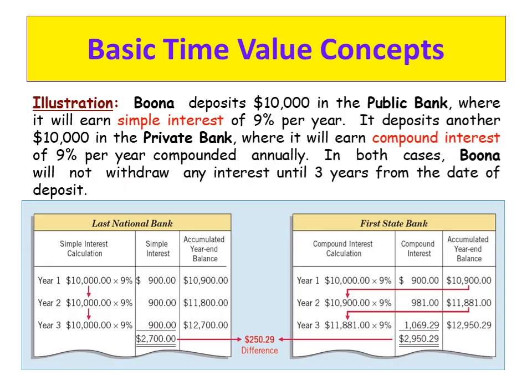But the difference occurs in the second year, because we add 900 to 10,000. The year-end balance is 10,900. For the next year, it becomes the principal.